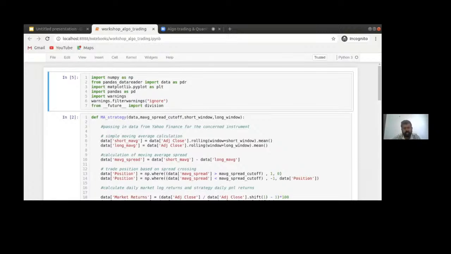It's basically like a tabular thing. And this library gives a lot of methods, a lot of functions, which can be used for all the analytics tasks.